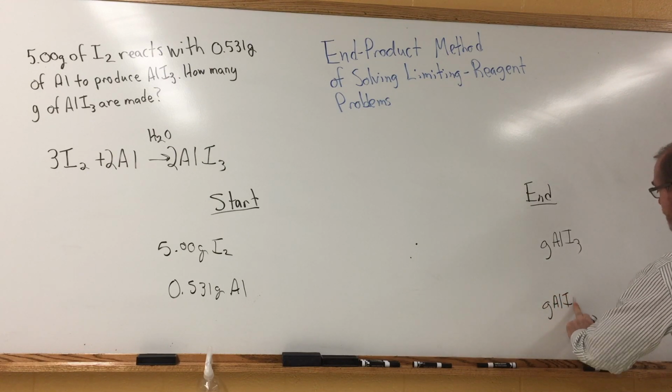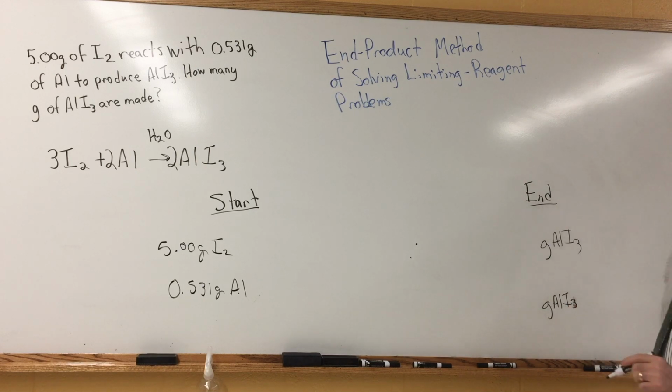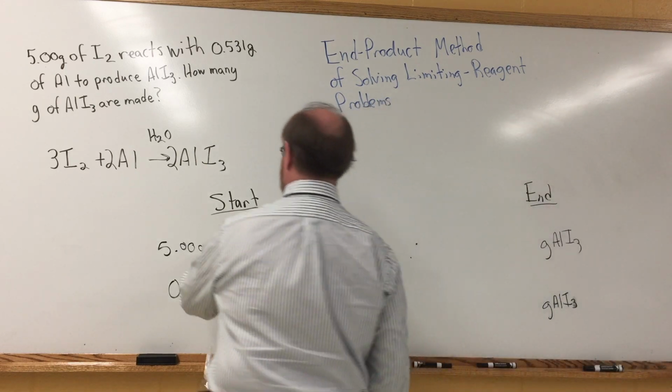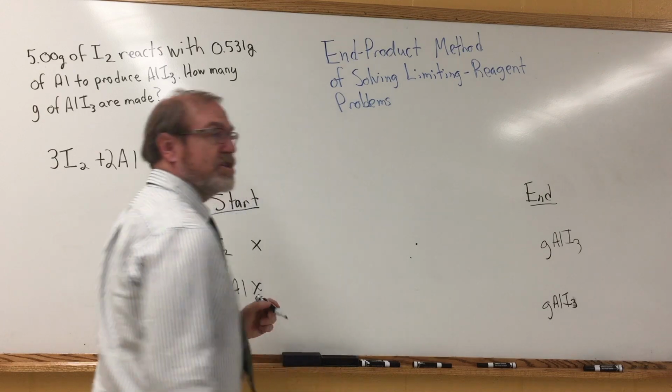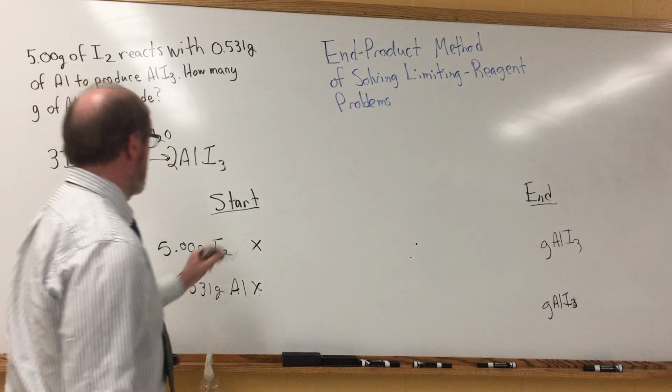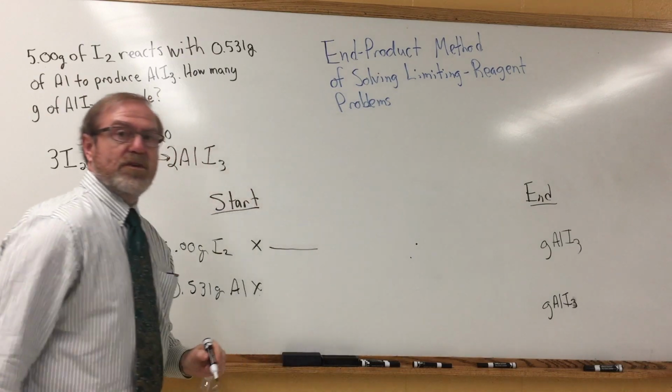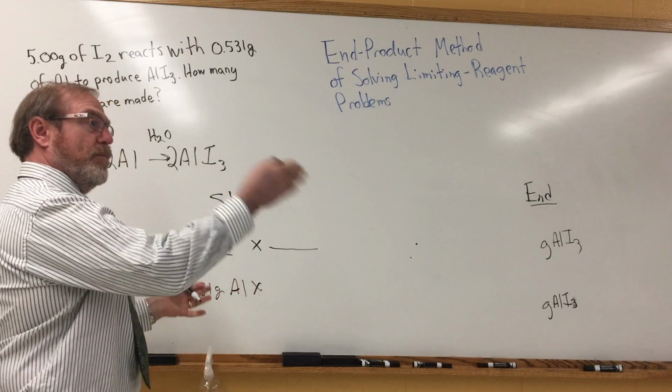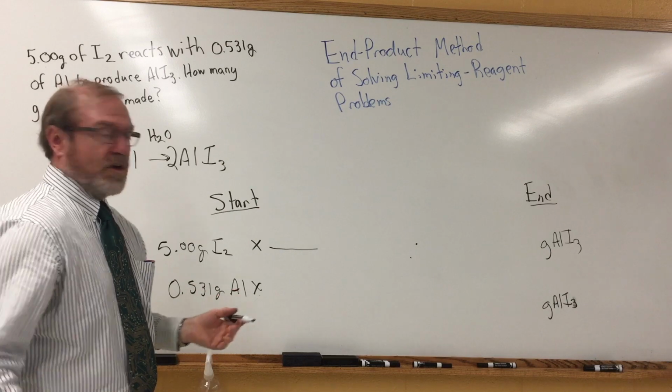Now, you might recognize this as a gram-to-gram type problem. Well, it is. So the first thing we have to do is convert each of these into moles, because everything goes through moles. In order to do that, we have to multiply by 1 mole over the molar mass in grams.